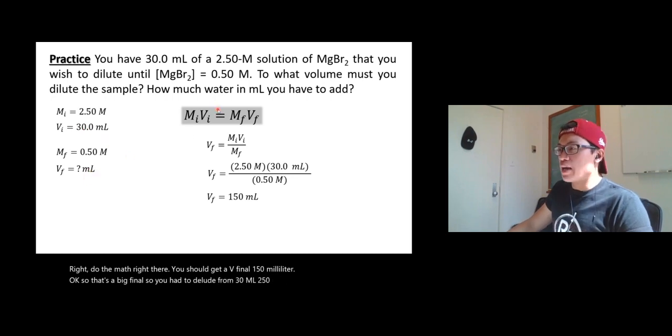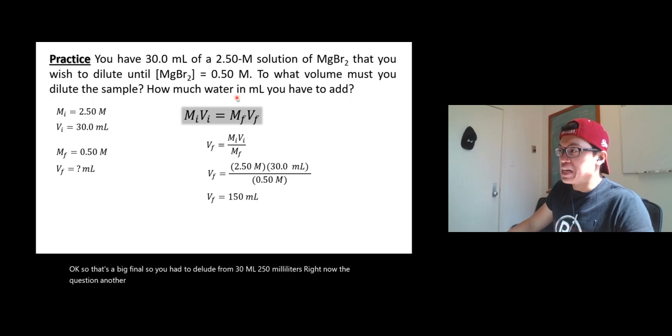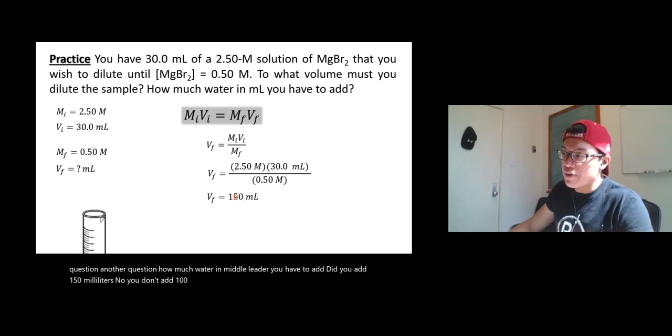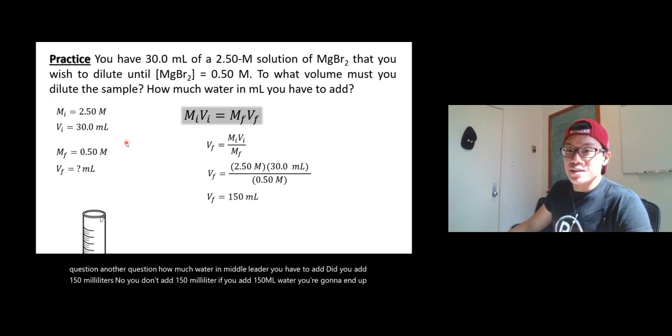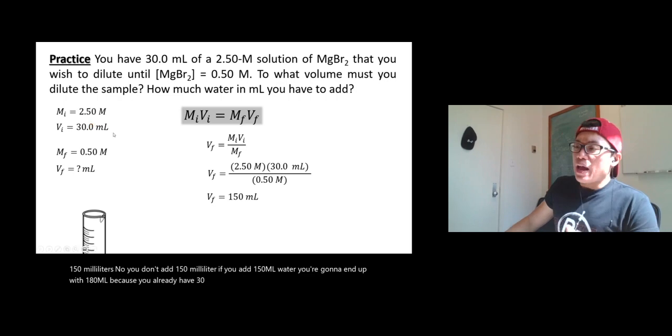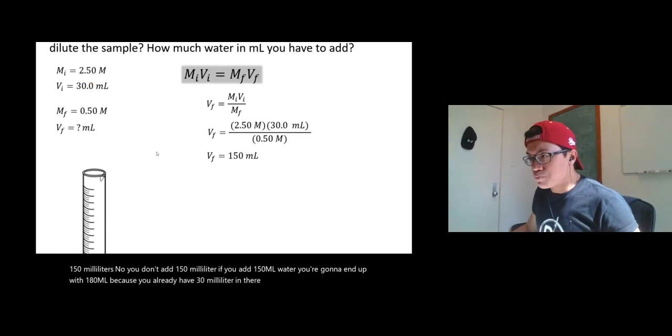All right. Now another question: how much water in milliliter do you have to add? Do you add 150 milliliter? Oh no. You don't add 150 milliliter. If you add 150 milliliter water, you're going to end up with 180 milliliter because you already have 30 milliliter in there. Right? If you don't get what I say, let's take a look.